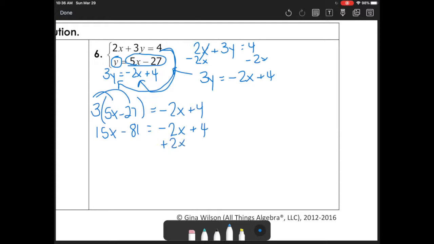Please don't do the constants first. Then zero pair your constant. And I'm pretty sure the answer to this is 5, but let me make sure. Yep, it's 5. All right, so x is equal to 5.